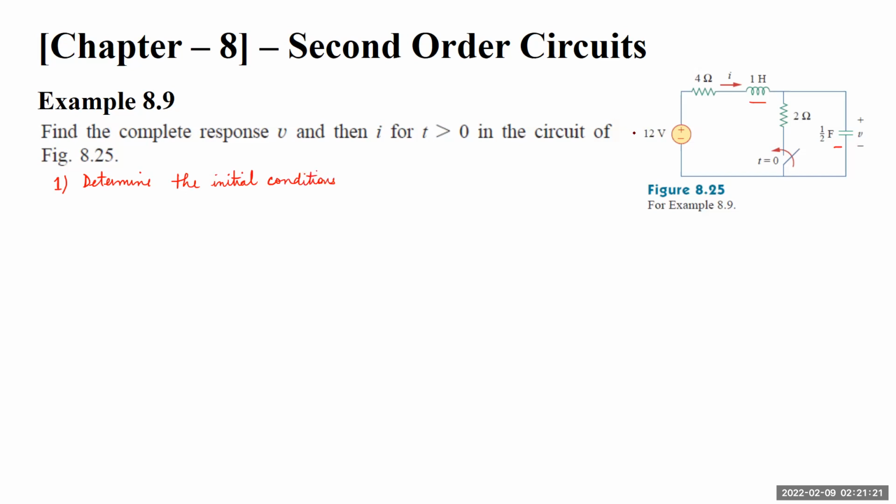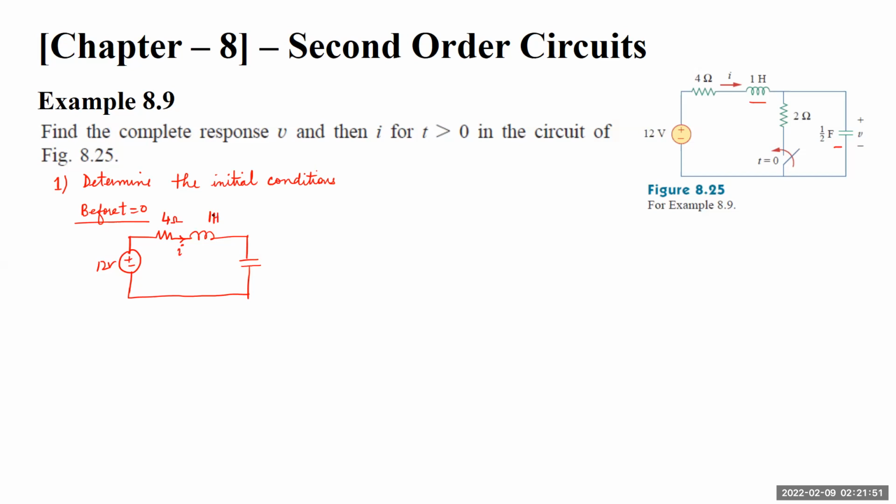For the initial conditions, we first of all check how the circuit looks before t equals 0, or before switching. The circuit before switching will look something like this.